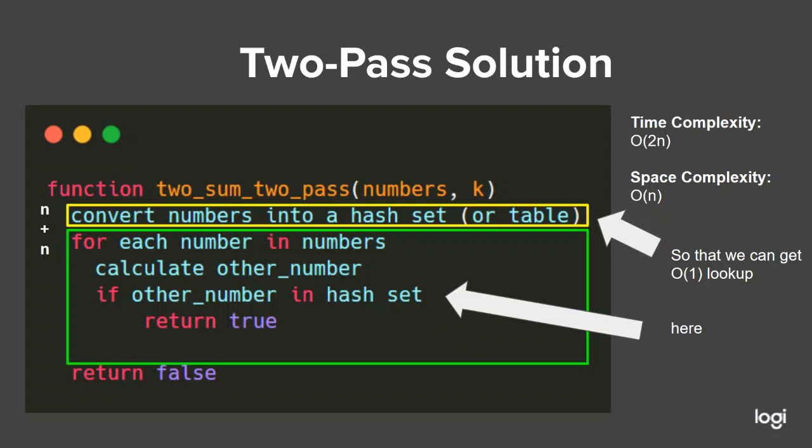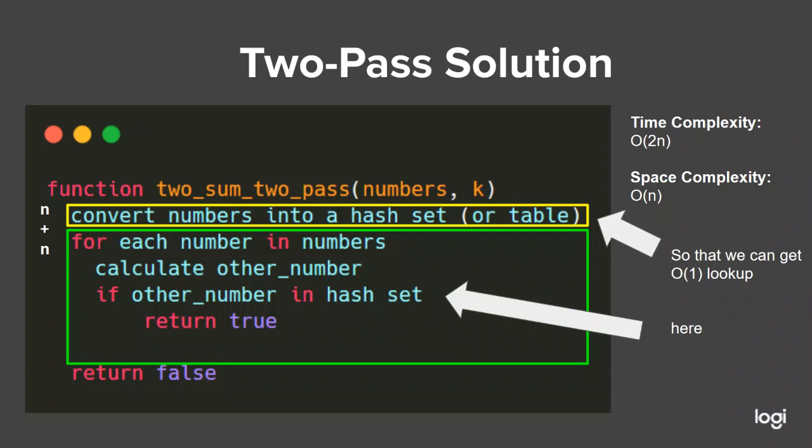So now that we know that we need to do a lookup from a collection that has all the numbers that are in numbers, and we need to do that lookup in constant time, then we might convert numbers, or not really convert, but create a new collection that's a hash set or table with all the numbers from numbers in it.